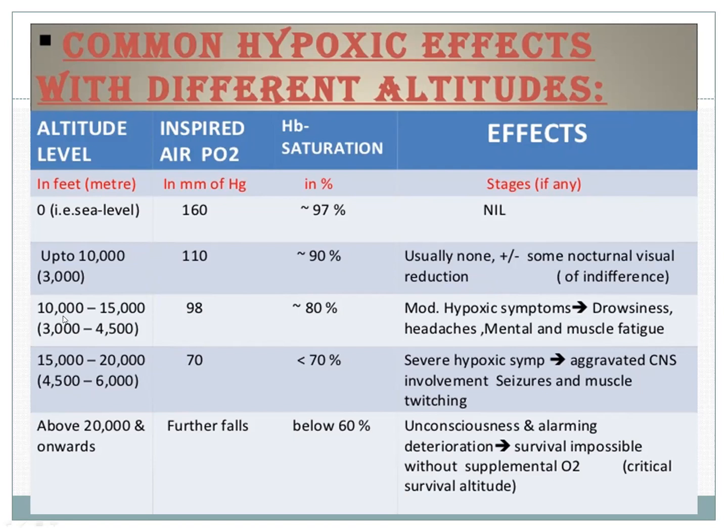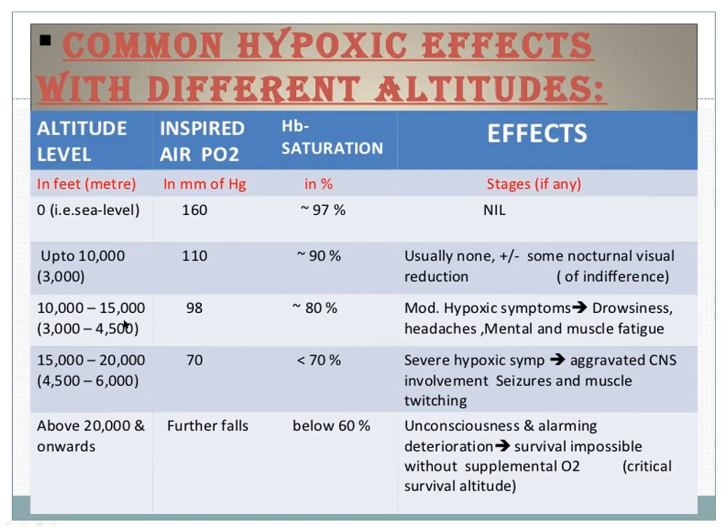Then more than that, around 10,000 to 15,000 feet, the pressure will decrease very much, to around 98, the saturation is 80%, and here we will see moderately hypoxic symptoms, and these are drowsiness, headaches, mental and muscle fatigue.